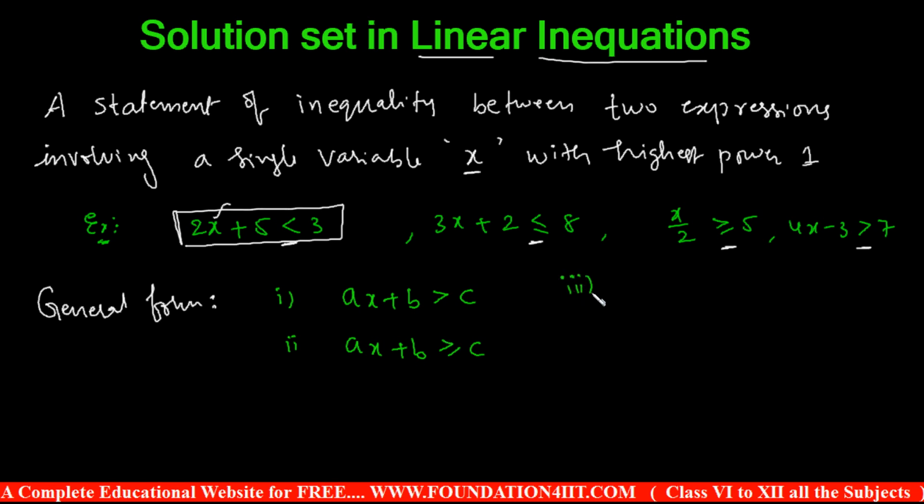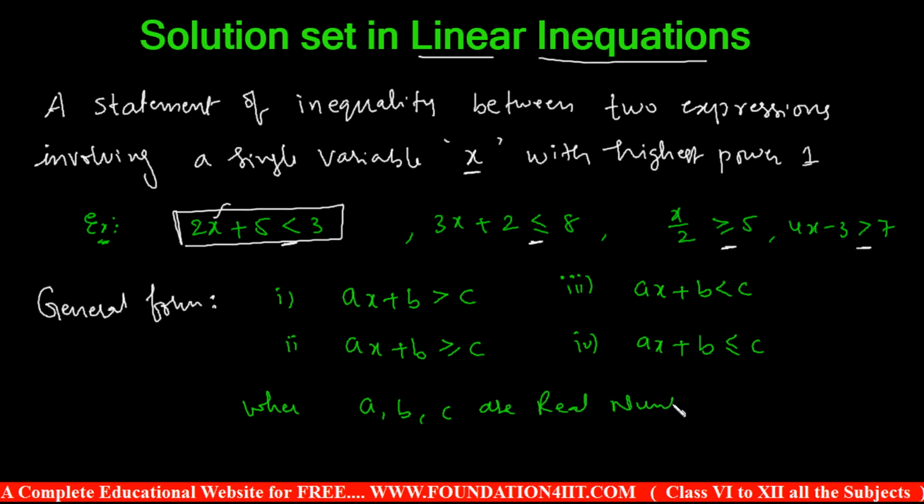Similarly, see another form, ax plus b less than c, then ax plus b less than or equal to c. Okay, these are the four general forms, where the important condition is a, b, c are real numbers. These three are real numbers and one variable must be there, that's why a is not equal to 0. If a is 0, there is no variable, there is no x, that's why compulsorily a is not equal to 0. These are the general forms.